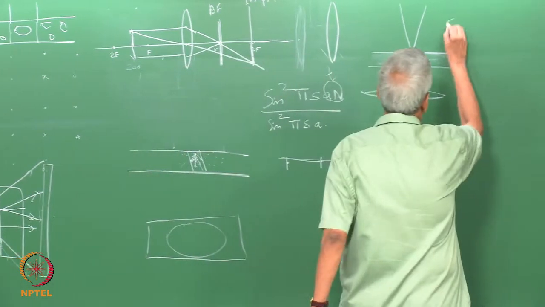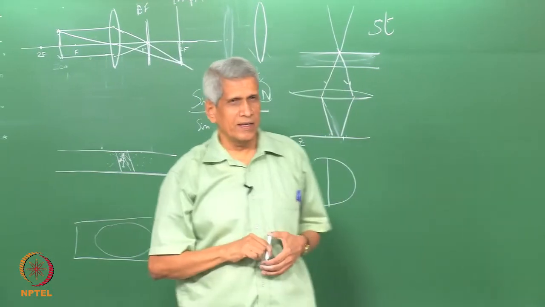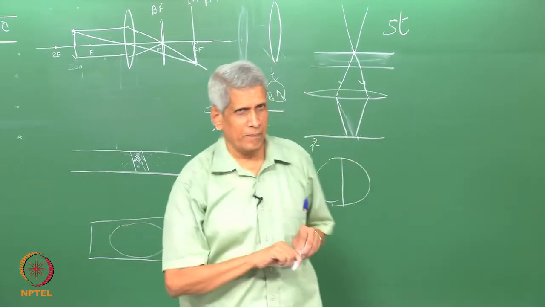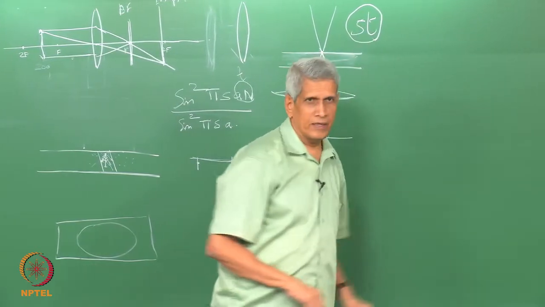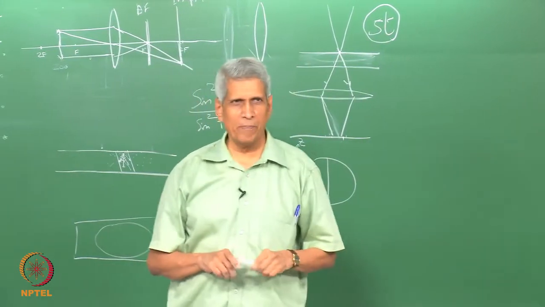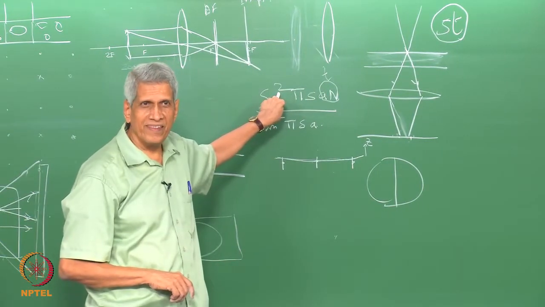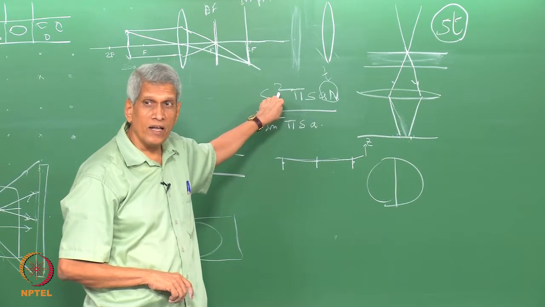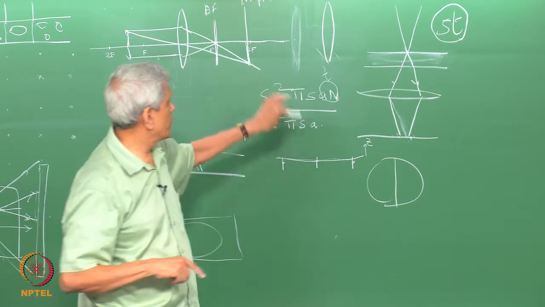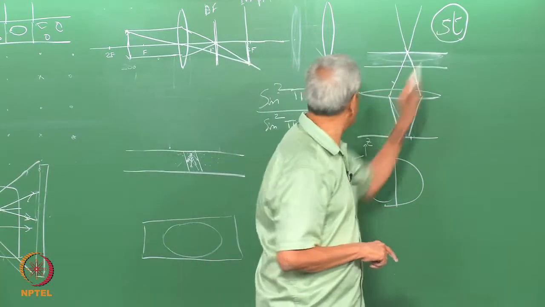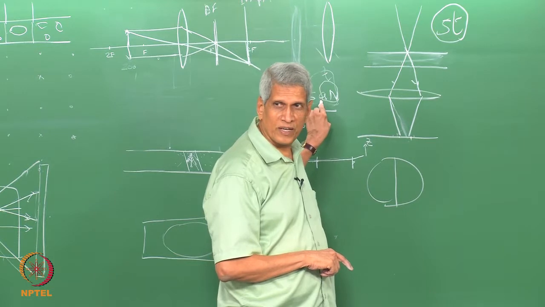So suppose s is the deviation from the Bragg angle. Suppose this s into t, s becomes 0, then what will happen? This term becomes 1, because L'Hospital's rule you have to use. And this term can be made 0 by two different ways.